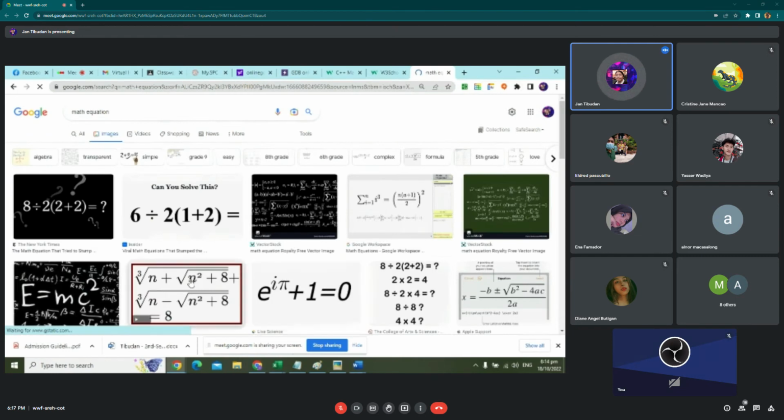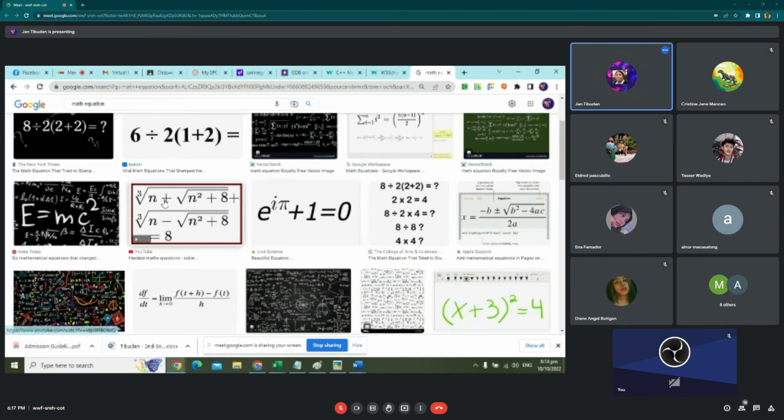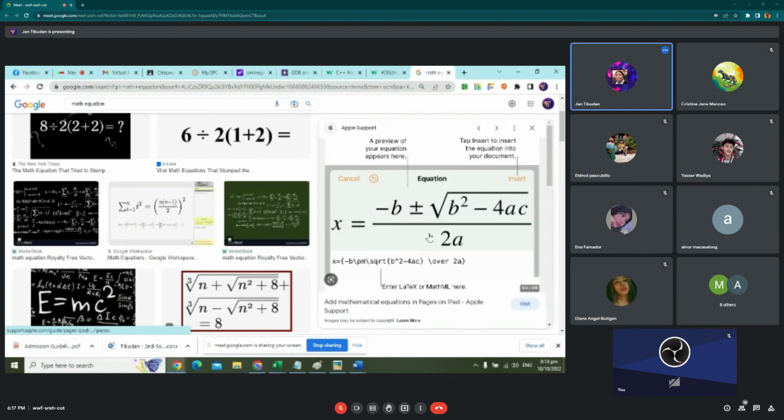Okay, for example, like this. Kani class. Or kanina lang. Okay? So, for example, this equation, kaning pag-determine sa discriminant sa quadratic. Okay? So, let's say, magamit na.